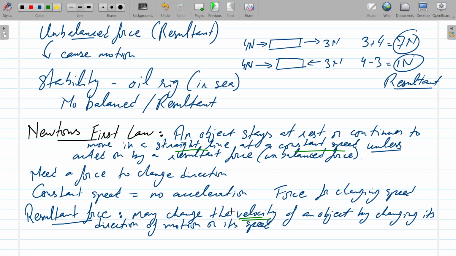Velocity is a vector quantity, so it is how fast something is going and in which direction it's moving. And so that's why they mention that it changes the velocity by changing its direction, or its speed, obviously.